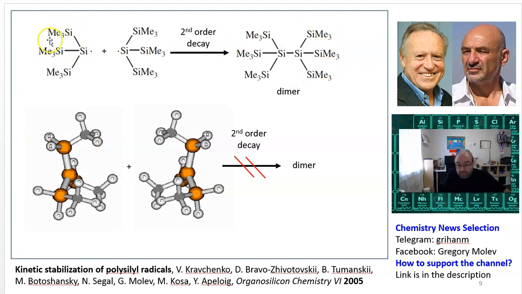However, if one of those methyls is substituted by the tertiary butyl, which is much bigger, you get several interesting things. First of all, those groups form a so-called umbrella conformation to protect the radical center. And those radicals are very hard to bring together. And although we see a second order decay, we never get a dimer. According to calculations, the bond between those atoms here is very weak, like 8 kilocalories per mole or something. And that's why it doesn't survive.